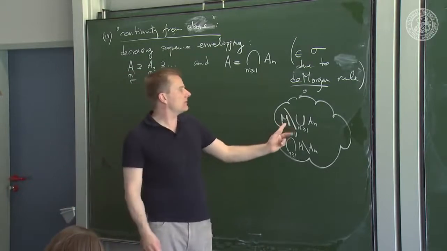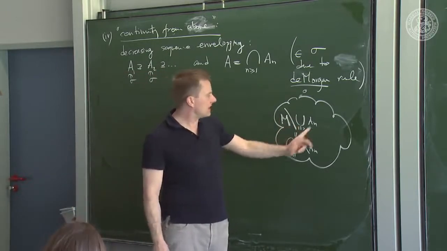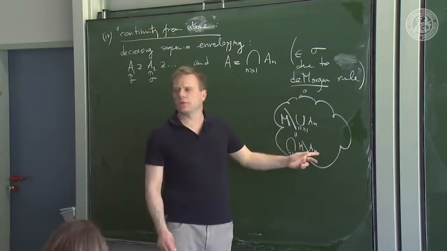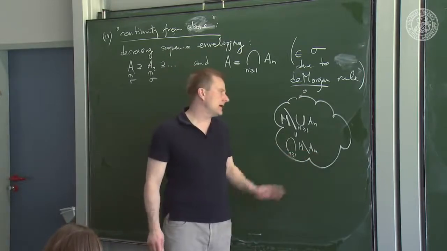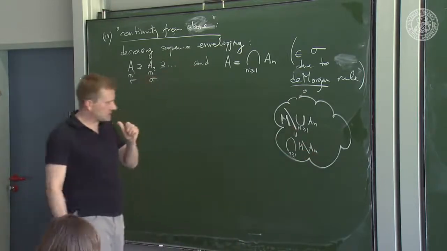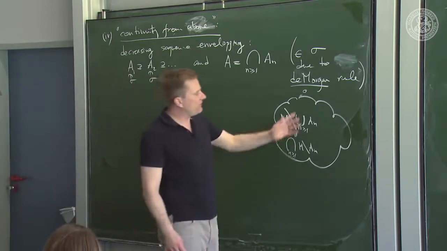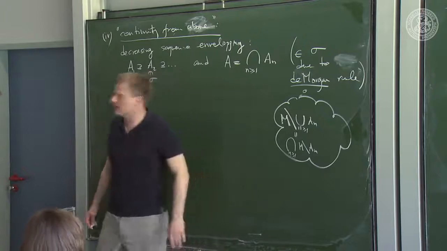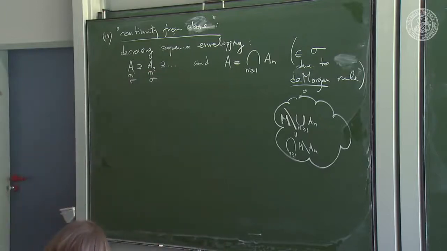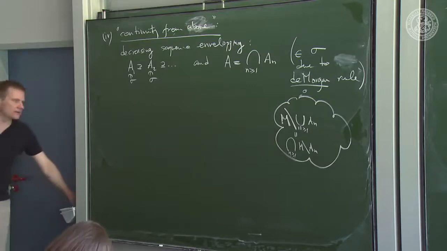Or the other way around, the complement of an intersection is the union of all the complements. Okay? And at the end of the day, this comes from the axioms of set theory, how you define the unions and so on, and how unions are defined is in fact an axiom of set theory. It's not as trivial as one might think from kindergarten.